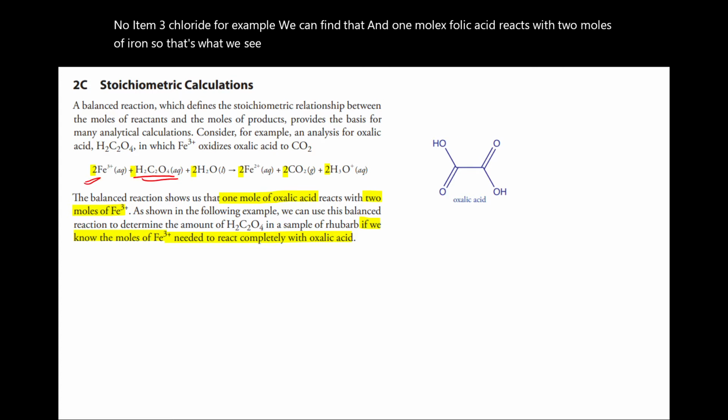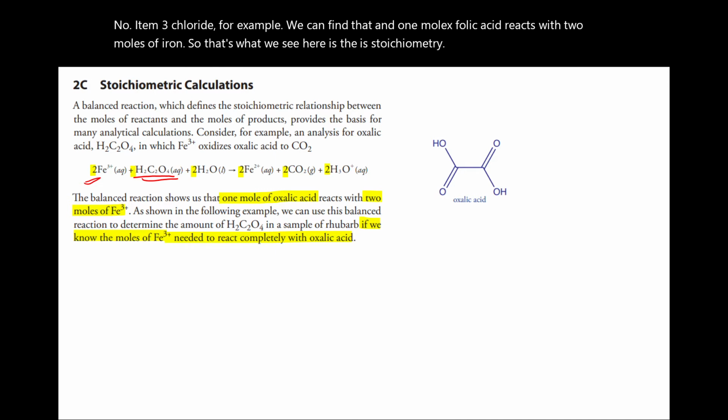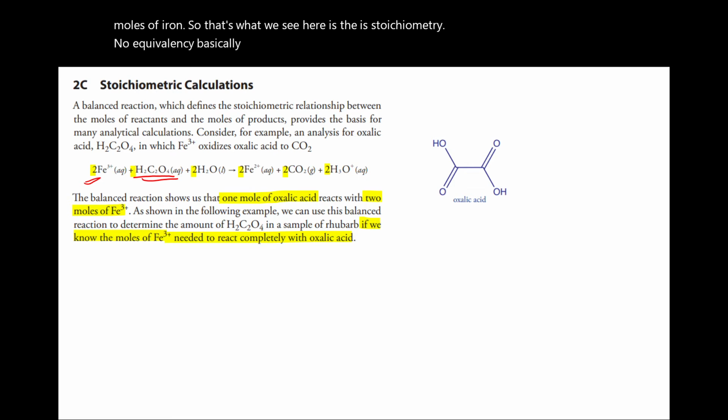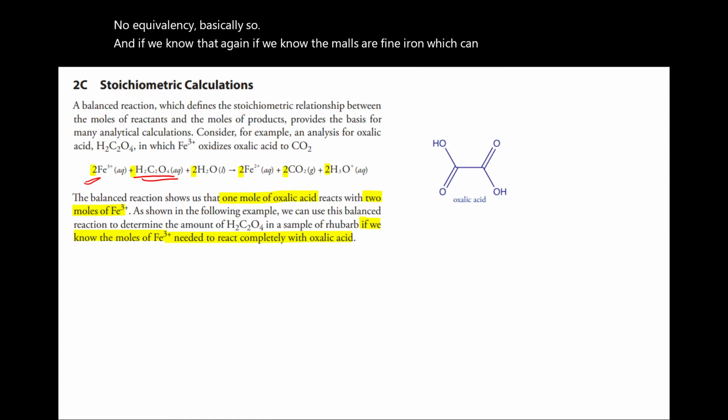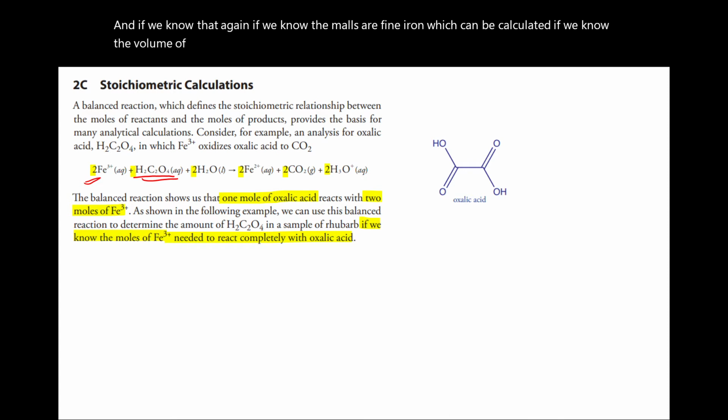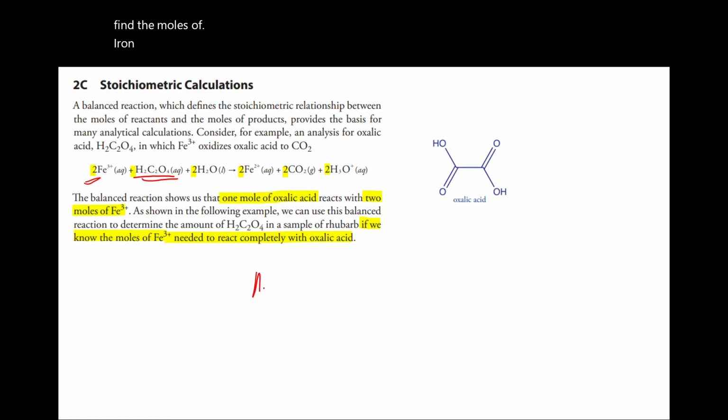This is the stoichiometric equivalency, basically. If we know the moles of iron, which can be calculated from the volume and the concentration of the iron solution, we can easily find it, because molarity equals moles over volume.